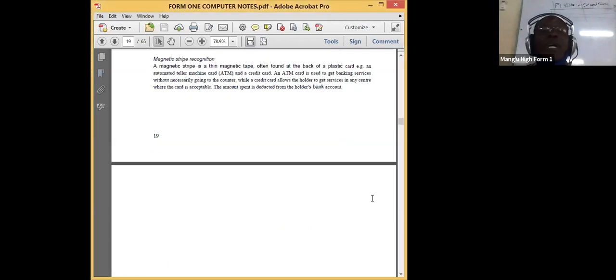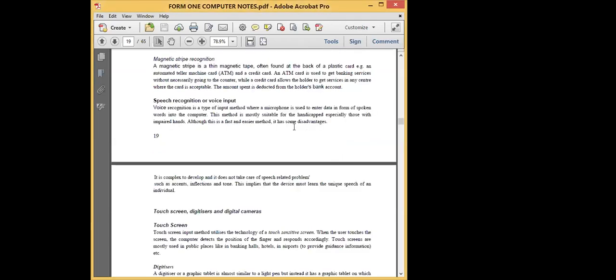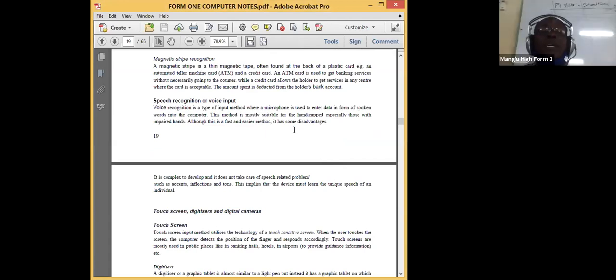They capture data into the computer system in the form of speech produced by a human. Speech is made of words and they are captured and transformed into bits, and those bits are stored inside a computer system.